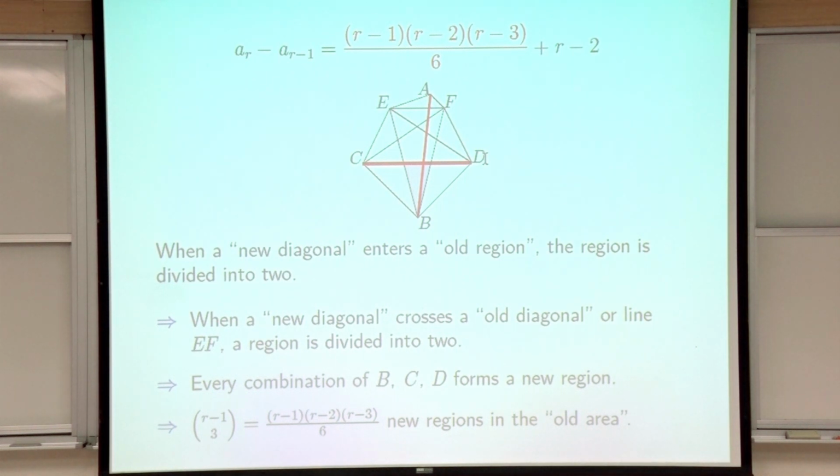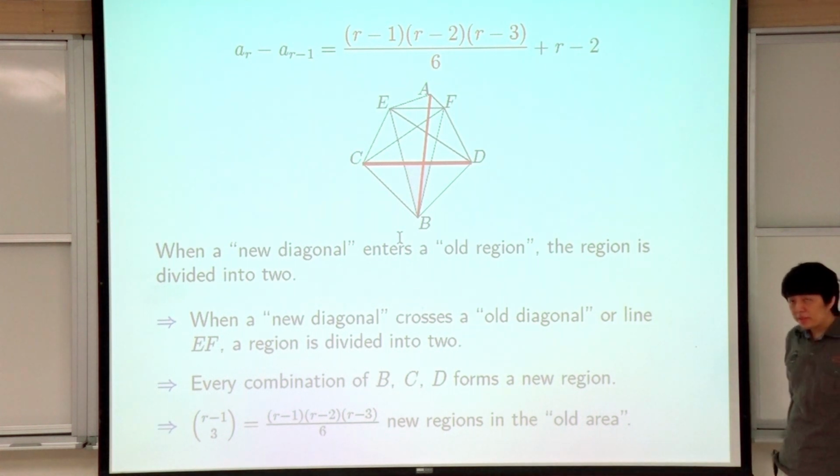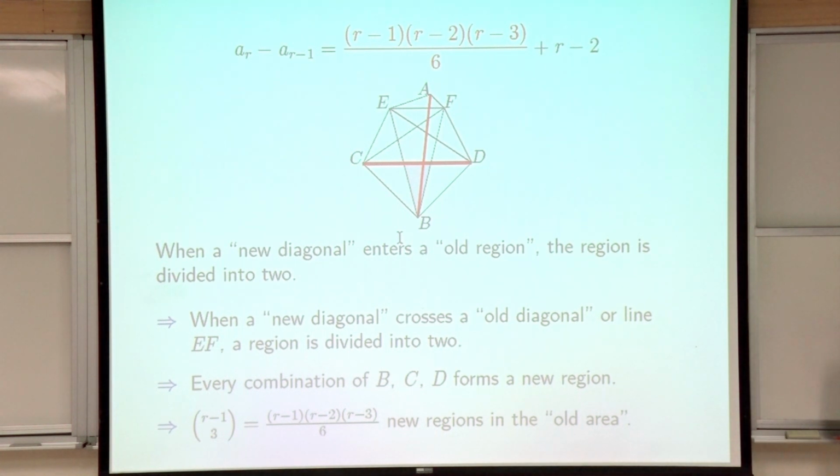So we have to choose 3 vertices from the (r minus 1)-sided polygon, the old area. So the number of ways is (r minus 1 choose 3). So this part is very difficult. Is everyone okay with this part? Okay.